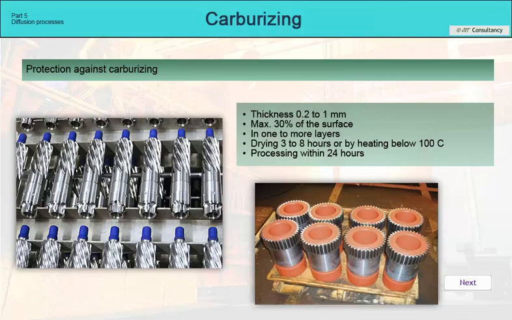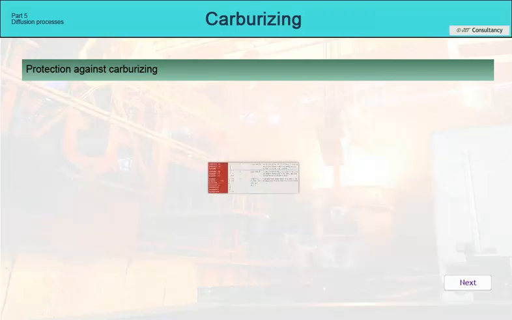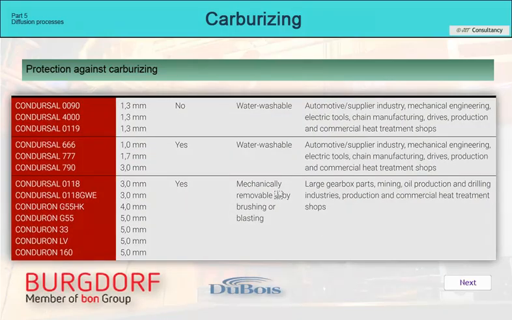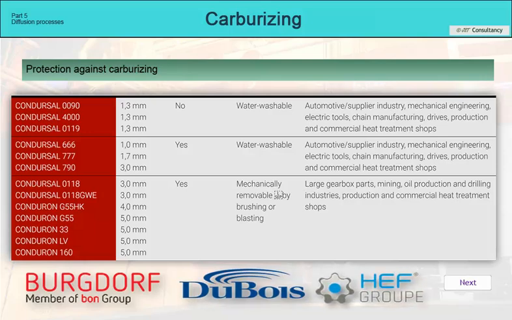Coating should be followed by drying of the coating for 3 to 8 hours, or this time can be shortened by drying at higher temperatures up to 100 degrees Celsius. The painted parts should be processed after the last coat within 24 hours. Most paints are removed after carburizing by washing in a water bath. There is an extensive range of protective coatings, for example from the German company Bergdorf, the American Dubois, or the French HEF Durferit.